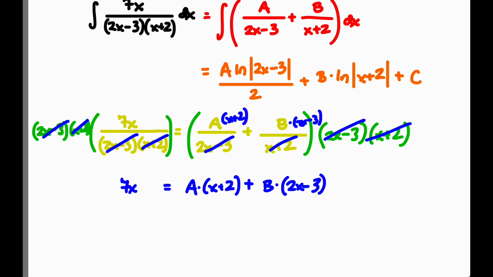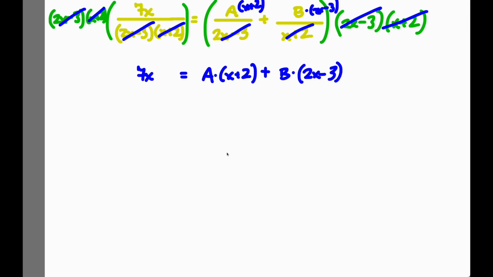All right, now from here, we're going to be solving for a and b again. The easiest way to do that is to pick values of x for which this will be easier to work out. So first thing I'm going to do is just x equals -2, because this part right here is going to be equal to 0, so it makes the solving pretty easy. So it's going to be -14, because it's going to be 7 times -2 here, because the x is -2, is equal to 0.